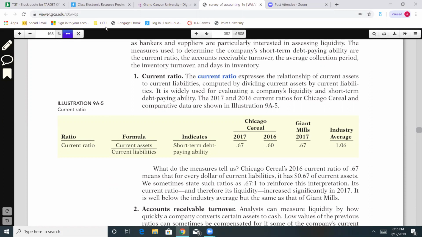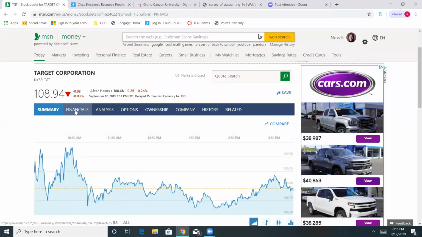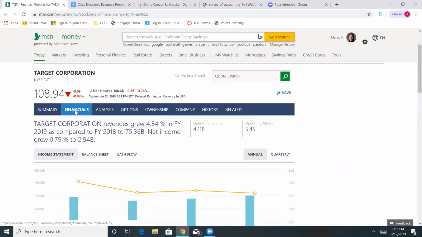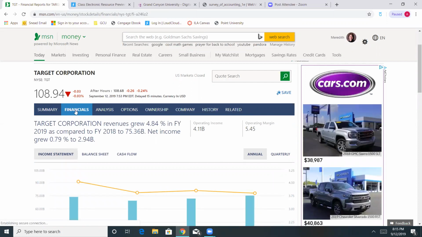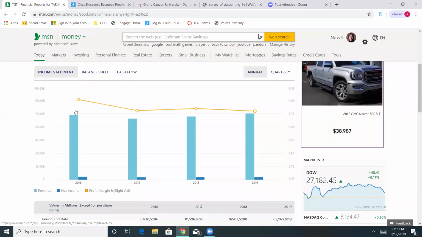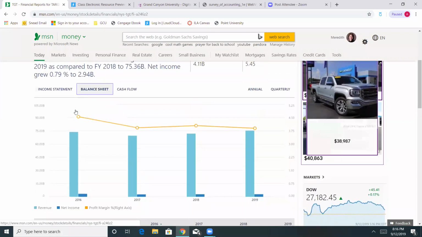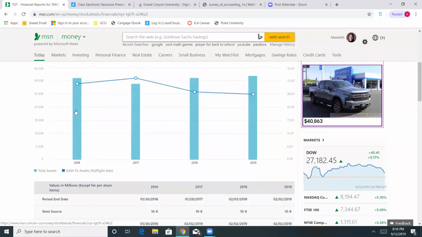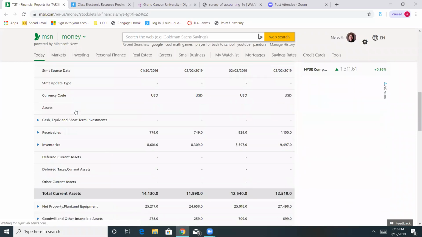So to look at that for Target, you're going to go to financials. And current assets and current liabilities are on the balance sheet. So we need to click on balance sheet, and we should find that information down here.